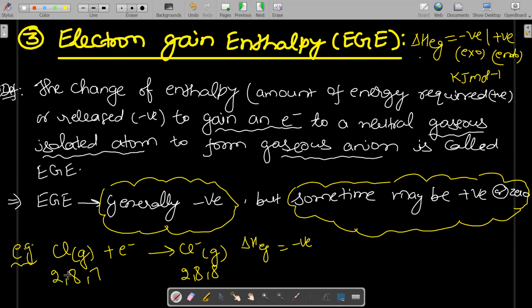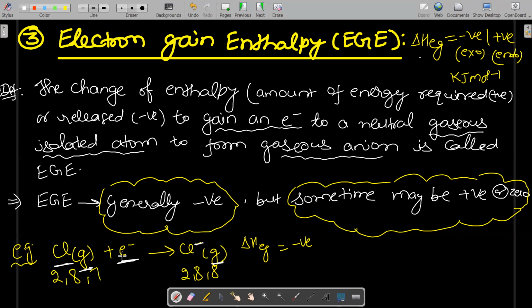By example, you can understand the definition. Electron gain enthalpy: the amount of energy required or released to gain an electron into a gaseous isolated atom to form a gaseous anion. So in the case of Cl, Cl is the isolated gaseous atom. All of you know its configuration, 2, 8, 7.